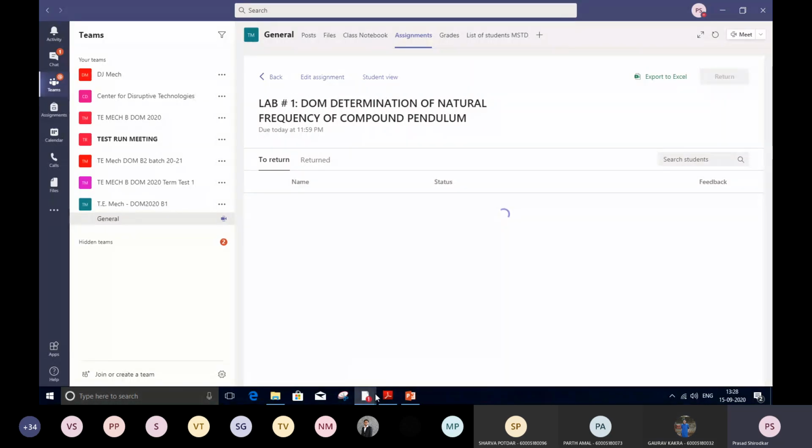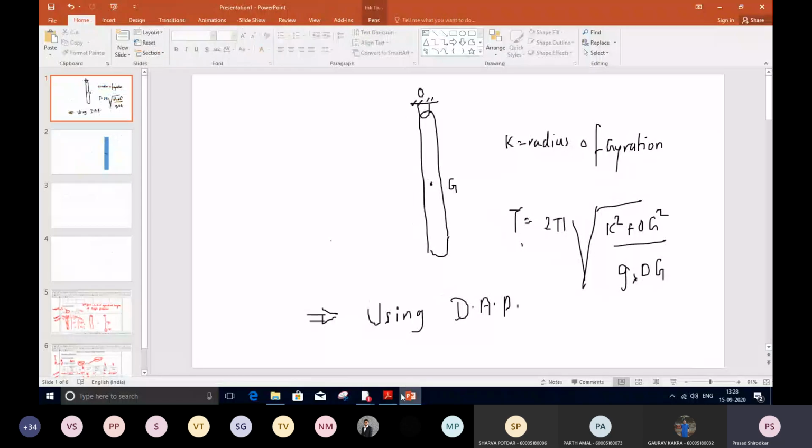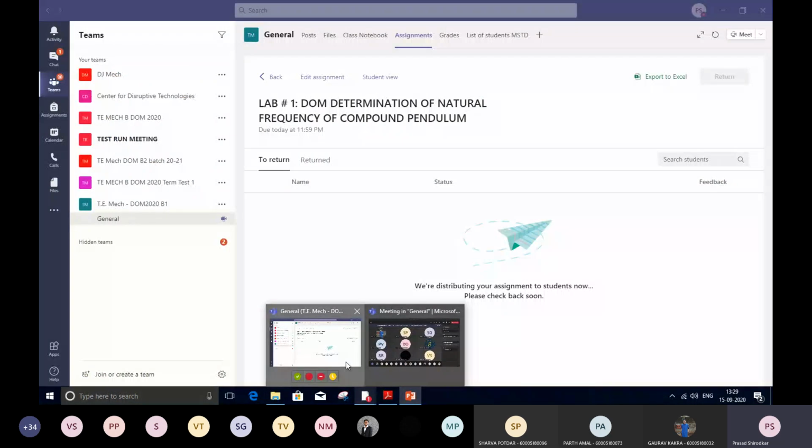So in the meantime, before doing the actual experiment, I want you to derive this equation for this compound pendulum, that is T is equal to twice pi into root of k square plus OG square divided by g times OG. Alright. So derive this equation on a piece of paper and upload that as a response to this assignment. As assignment is getting populated, it will take some time.